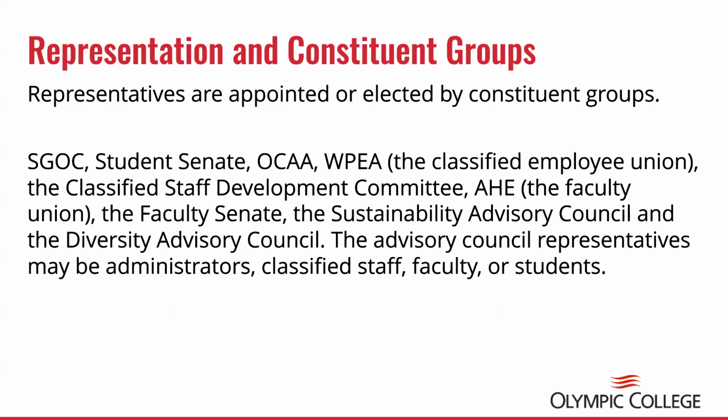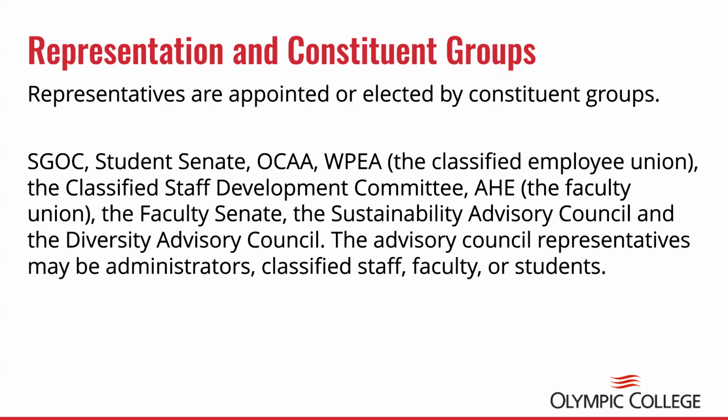So representatives are appointed or elected by constituent groups. Election is preferred, but sometimes appointment is practical. SGOC and the student government appoint student representatives. OCAA is the body that appoints or elects our admin exempt employees, and sometimes the E-team and their representatives are also on there, typically as co-chairs.